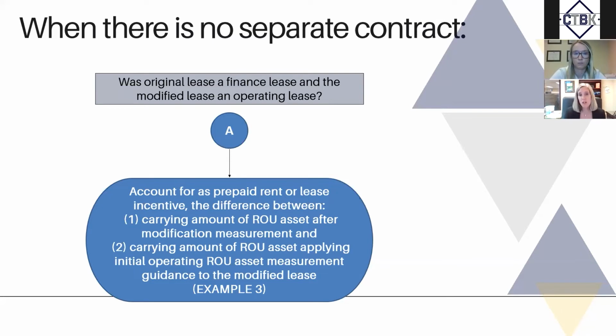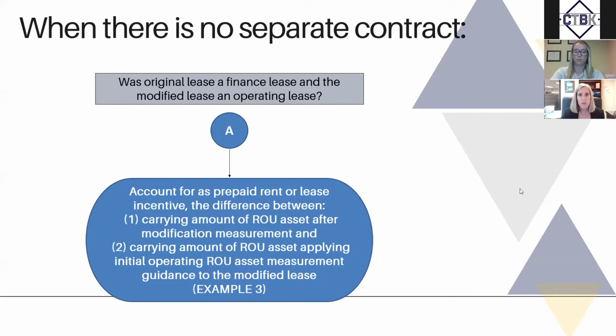And you're going to compare the two, and between those two, if you have a positive, it might be a prepaid rent. If you have a negative, it will be a lease incentive. And I'll walk you through that in example 3. Again, it's a little bit harder to understand the theory behind it, so we're giving you some detailed examples to walk through what this is trying to say.